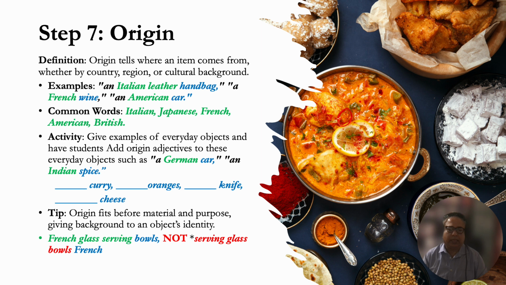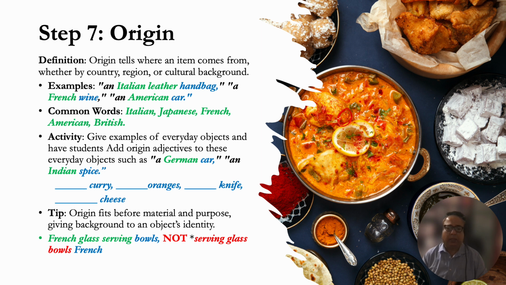Next up is origin. Now, origin tells people where a certain item comes from. Like when you buy a shirt, it says made in Malaysia, right? So it came from Malaysia. It was manufactured or made in Malaysia. Some examples of origin adjectives are Italian leather handbag, a French wine, an American car.